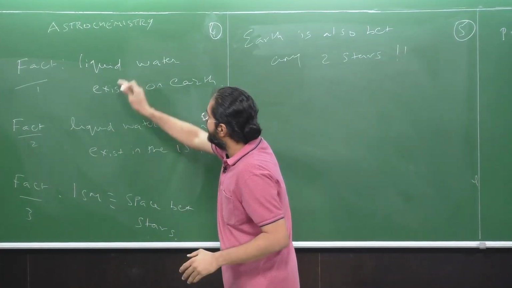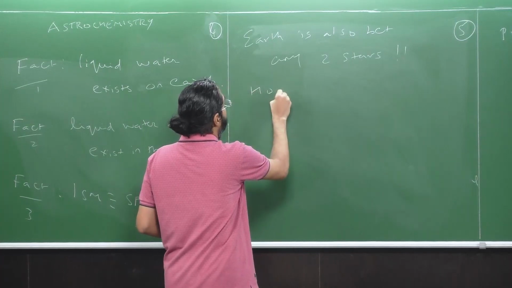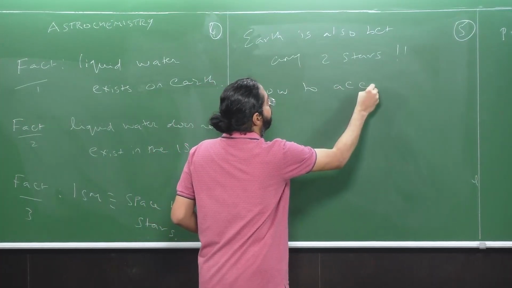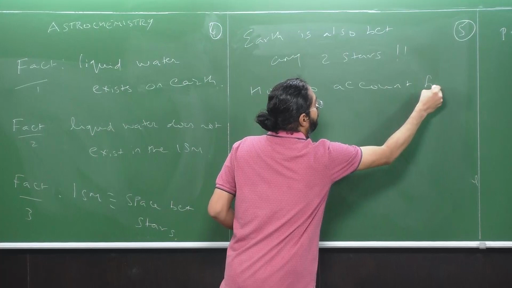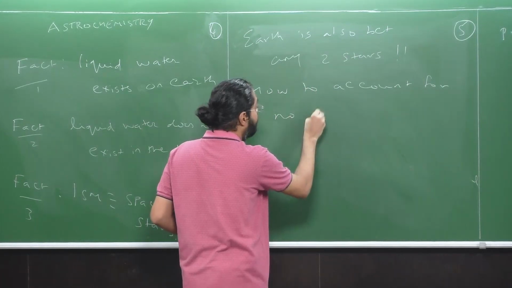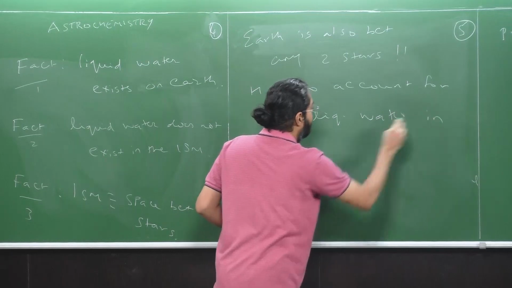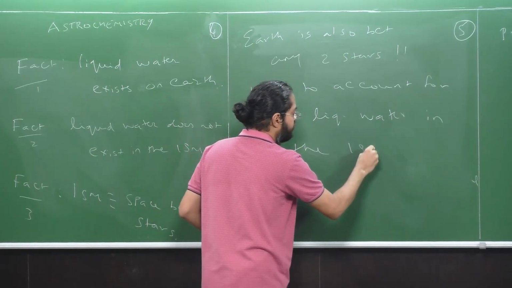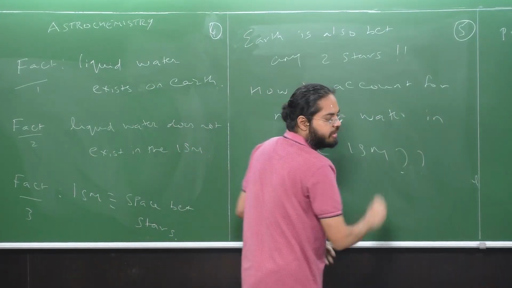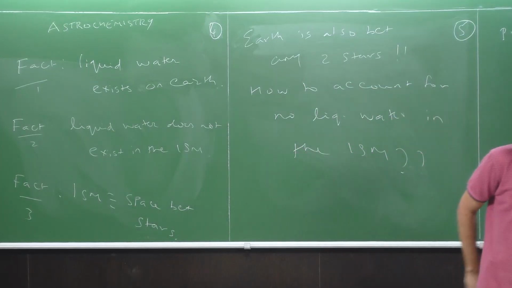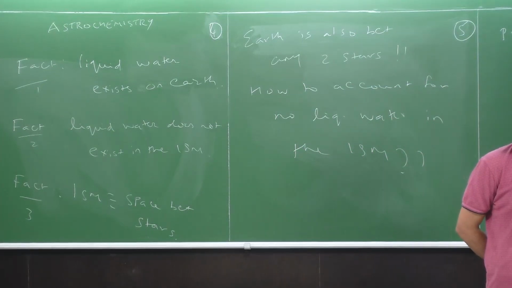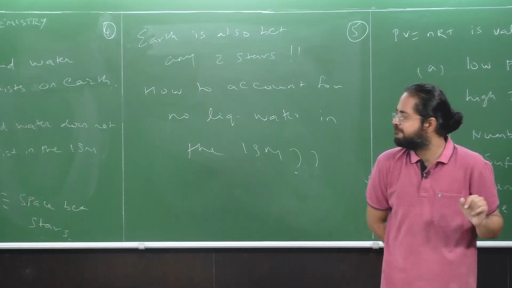So how to reconcile? How to account for no liquid water in the ISM? Are we clear? Recall the hint I gave you at the beginning. There is some logical fallacy somewhere, right?